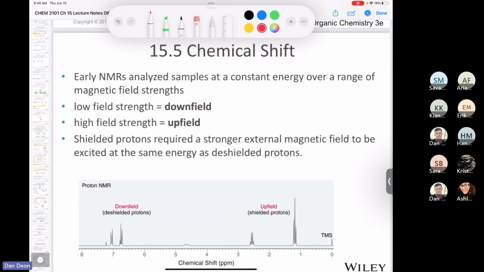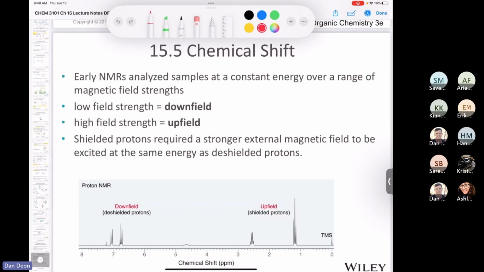So historically, when you had de-shielded protons, it took less of the magnetic field to get them to come into resonance. We call that downfield. And if you had shielded protons, we call that upfield. So low field strength is downfield, high field strength is upfield.